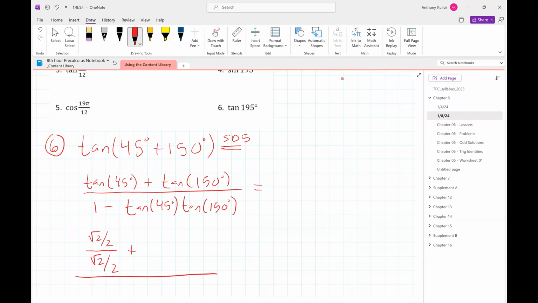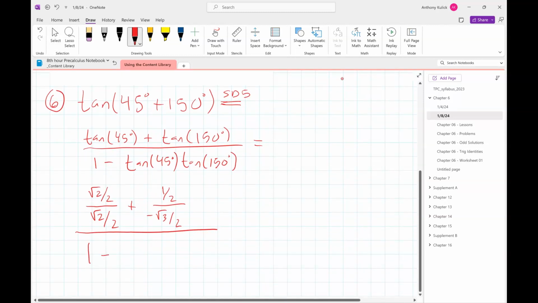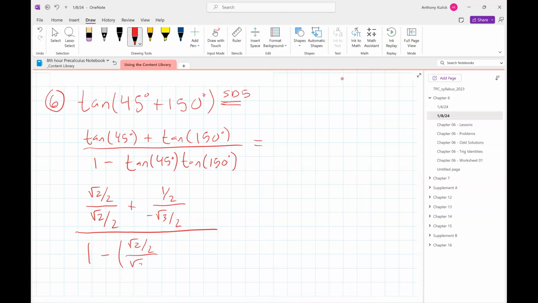And then at 150 degrees, y is 1/2, and x is negative root 3 over 2. So far, so good.